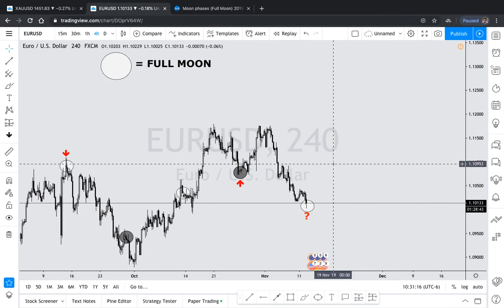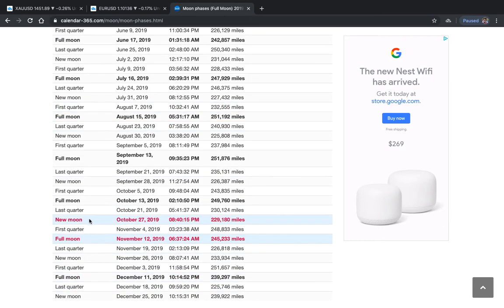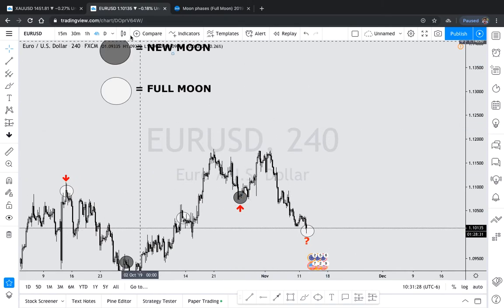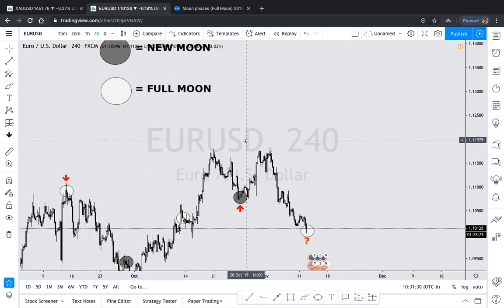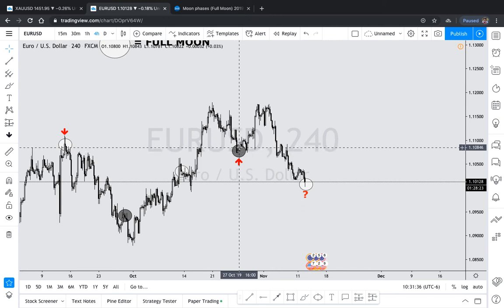You guys can backtest this, right? Here's that full moon and new moon calendar, and we can see how accurate these things are. But again, November 12th is that full moon, and we have that little key up there so we remember. And then October 27th is that new moon.